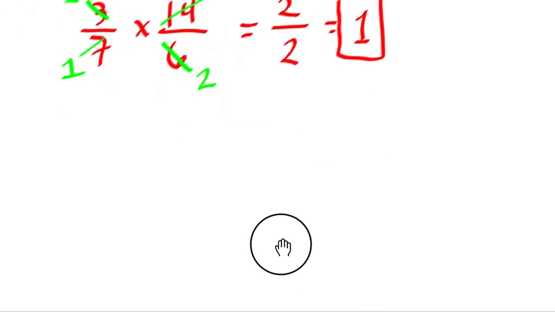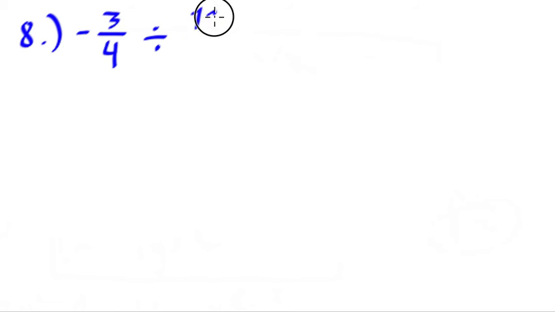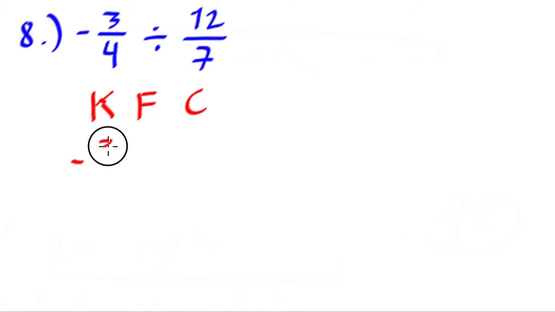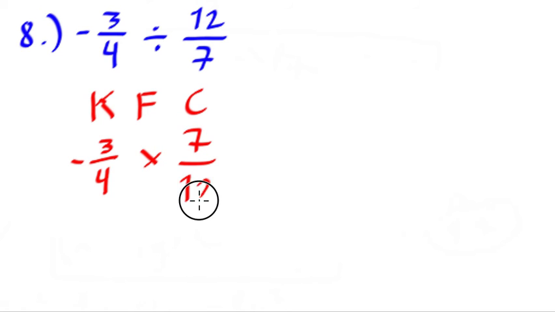Okay. For number 8, the last number, we have negative 3 quarters divided by 12 over 7. So again, let me remind you what to do. We will do the KFC here. Keep negative 3 over 4 times, get the reciprocal, 7 over 12.